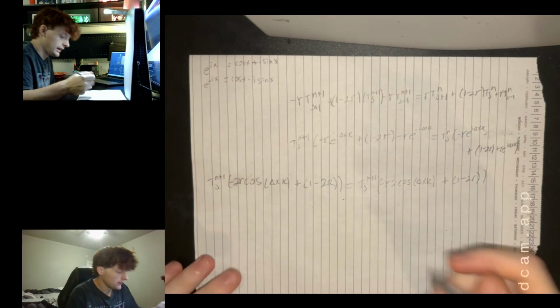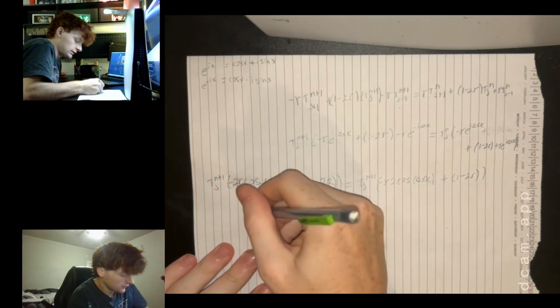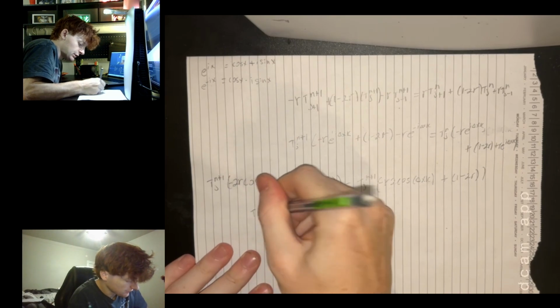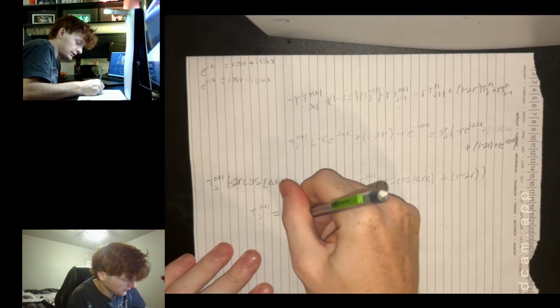So we can go ahead and divide these over, so we can have T j n plus 1 by itself, and this is going to be equal to T j n.